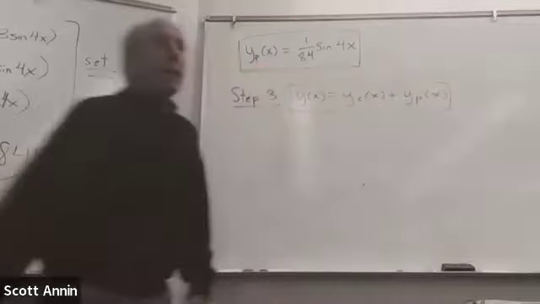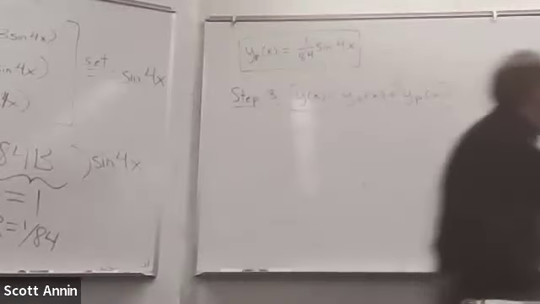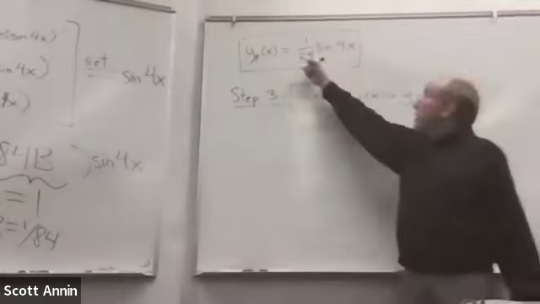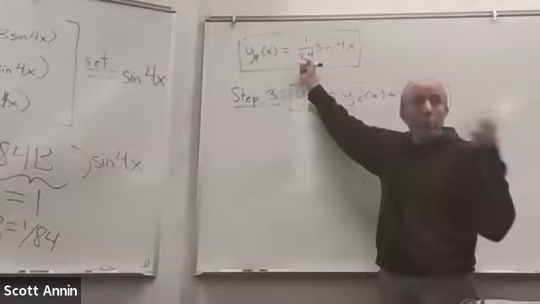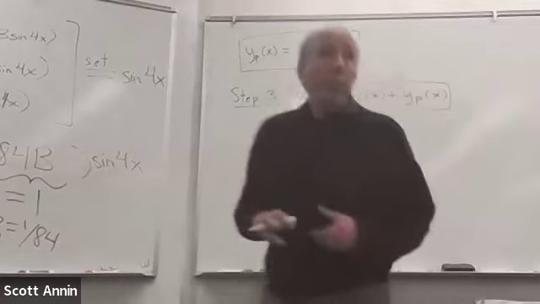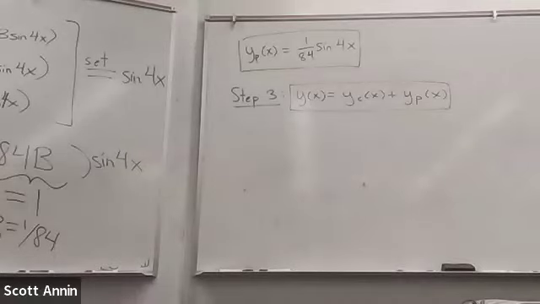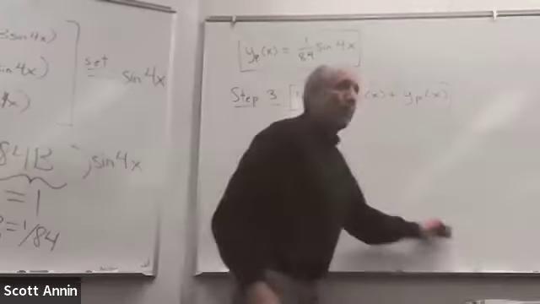Just put a box around that and I'll be good. We see the complementary function was here, so I do not have to rewrite it again. And now we have the particular function with the B value plugged in. A was 0, so this is the only thing we have in the particular solution. It's looking pretty good. Hopefully that's looking pretty good to everybody.